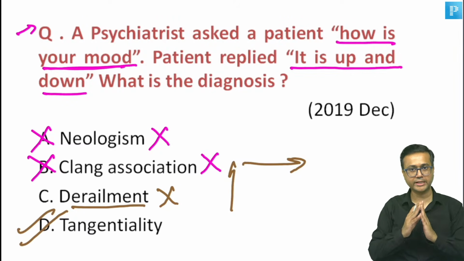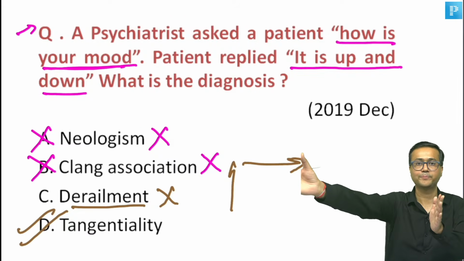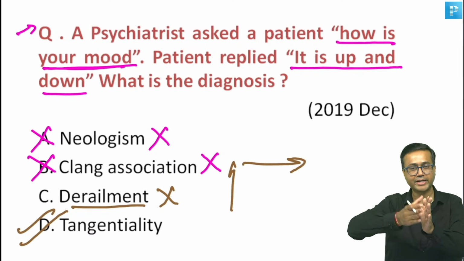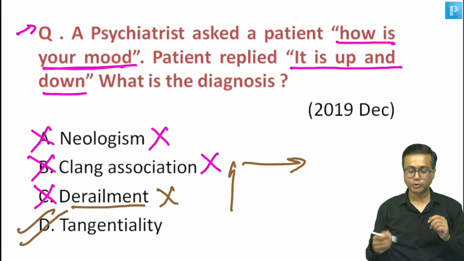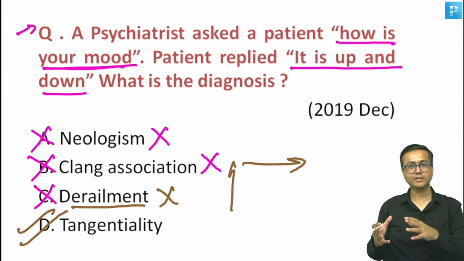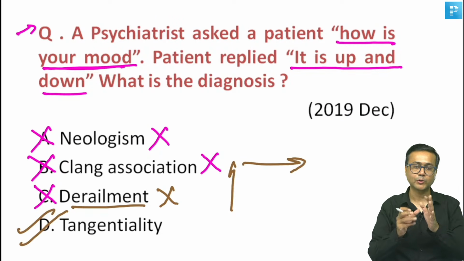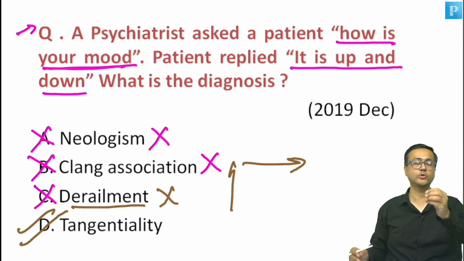In the question, they should tell that he is on the topic. Let us say he has said it is up and down, then he has gone to a new topic. That is not evident. Jumping off the track is not evident. So we know it is not derailment also, beta. So can I say here, out of the options it appears so? The purpose of asking such a question is to make you understand the difference. So with tangentiality, we know that he has just touched the topic. He says it is up and down. From up and down, you will not say it is happy and sad.